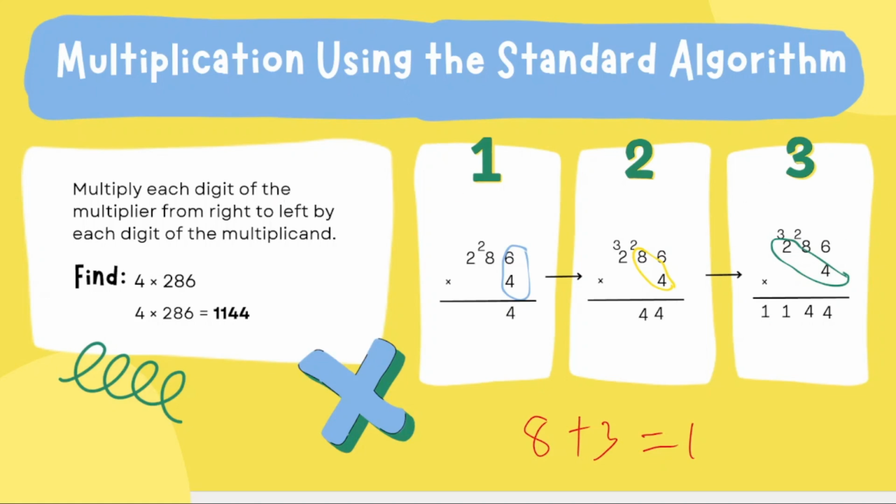So the answer is 1144. I hope this is clear. That is how to use the standard algorithm method to multiply two numbers. Let's now look at one more example.